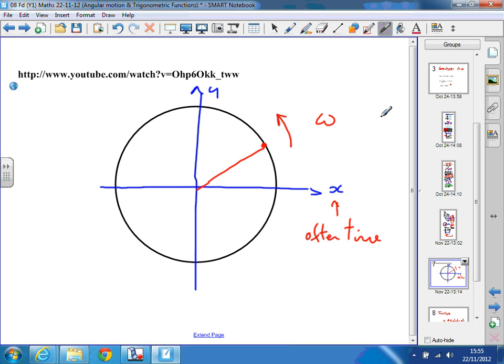Less common, and so I'm not going to go into any great detail, you can also plot a graph of what happens along the x-axis as time goes by. So at time 0, when we're here, it's actually the maximum distance along the x-axis. So it starts at the maximum value, and then as time goes by and we move round, it's moving less and less distance along the x-axis, and we end up with the same sort of shape, but it's out of phase with the sine wave, and we get what's called a cosine wave.